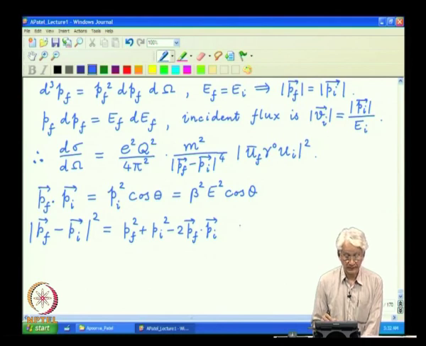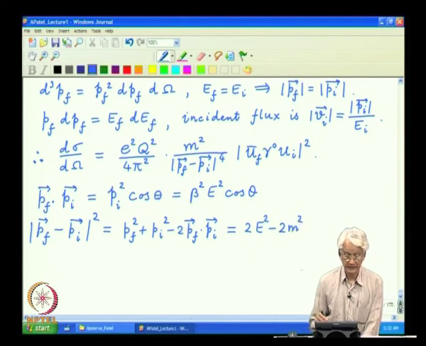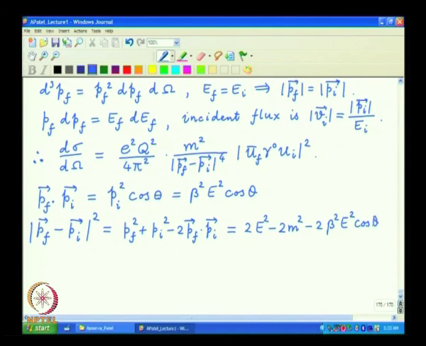this can be written again in terms of the energies and magnitudes as 2 E square minus 2 m square minus 2 beta square E square cos theta, or other way of writing it is P is equal to beta times E in the magnitude.